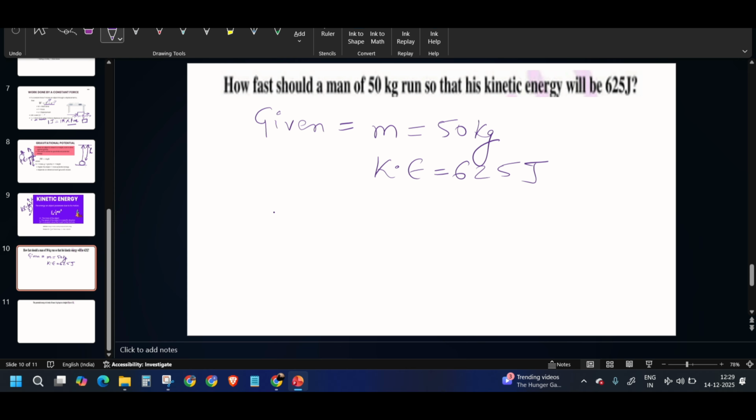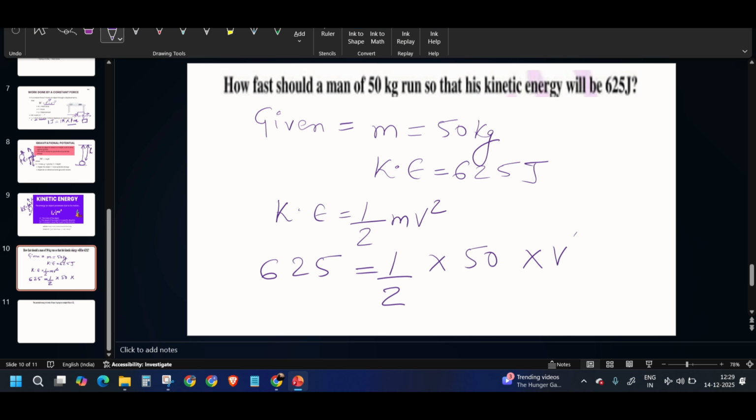So as we have discussed, the kinetic energy is equal to half mv square. After substituting the values here, we obtain the velocity of the man. Kinetic energy is given as 625, half mass is given as 50, and here v square.